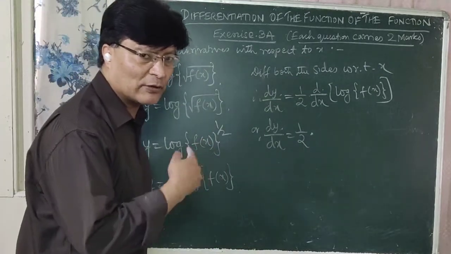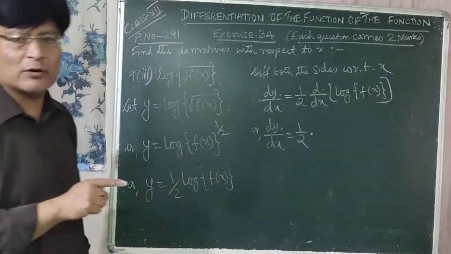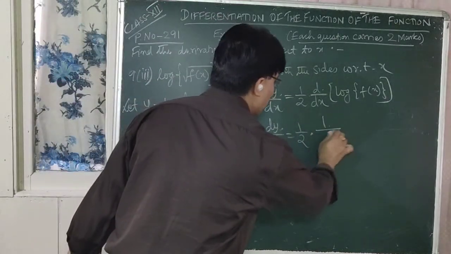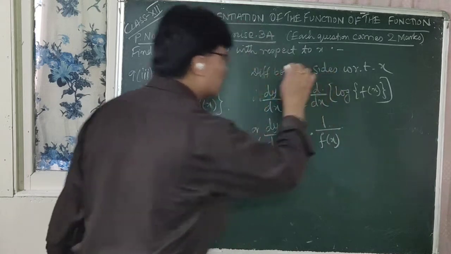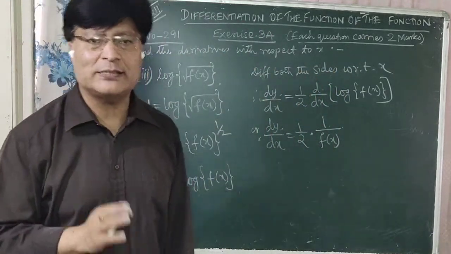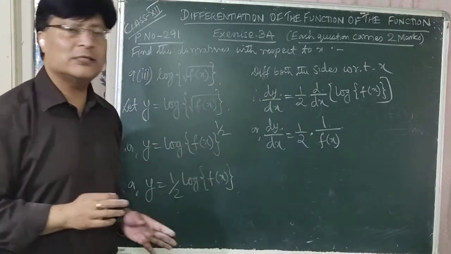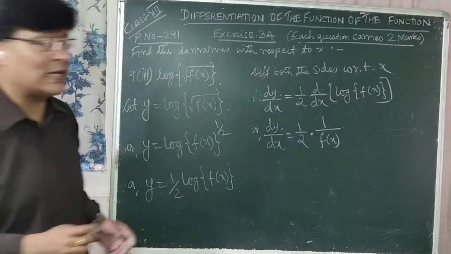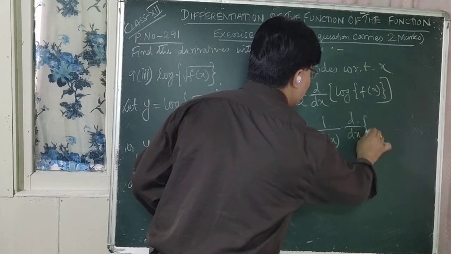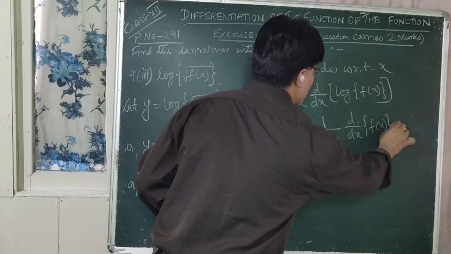It is just like your log x. The differentiation of log x is 1 upon x, but x here is f of x. So 1 upon f of x into, again you have to differentiate the function which is assumed as x. Which function is assumed as x here? That is f of x. So into d by dx of f of x, right?